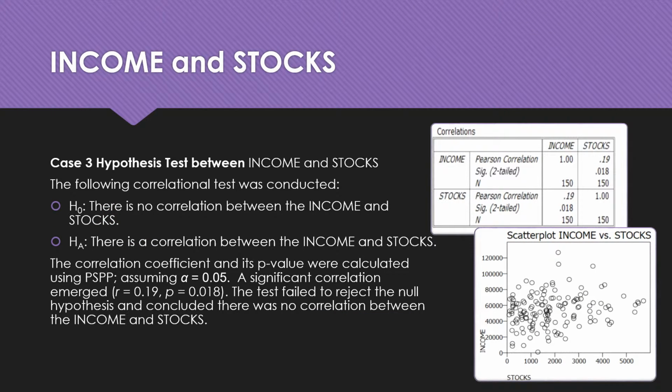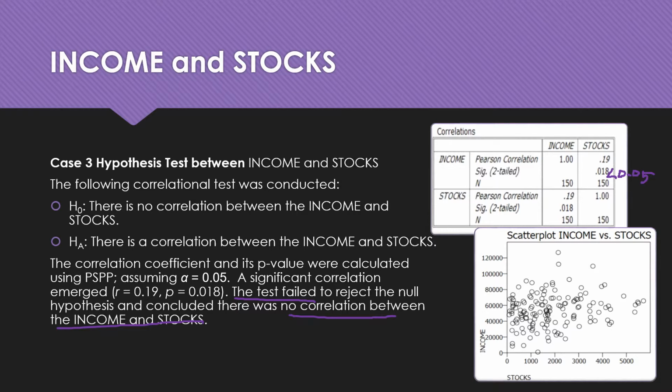The next case is between income and stock. Remember, if the p-value is less than 0.05, then we are rejecting; here the test failed to reject the null hypothesis and we conclude there was no correlation between the income and the stock.